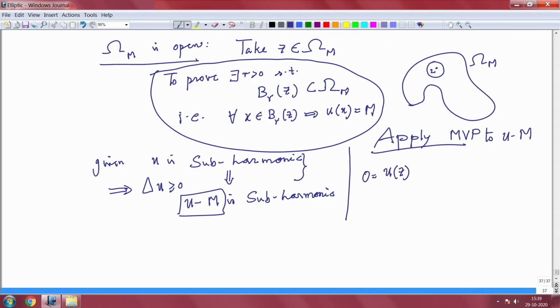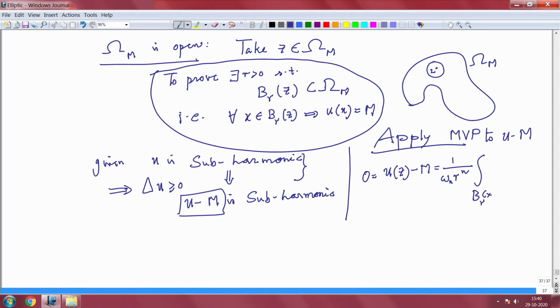I can integrate for any ball, in particular a radius r. So I have 1 by omega n r power n, integral over B_R(x).